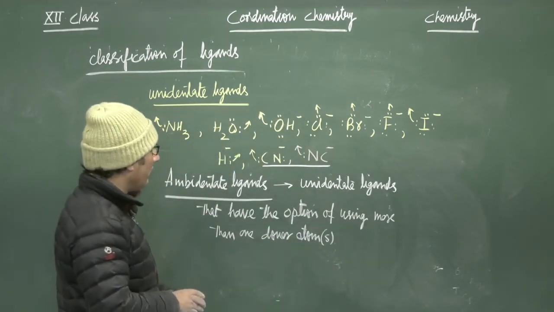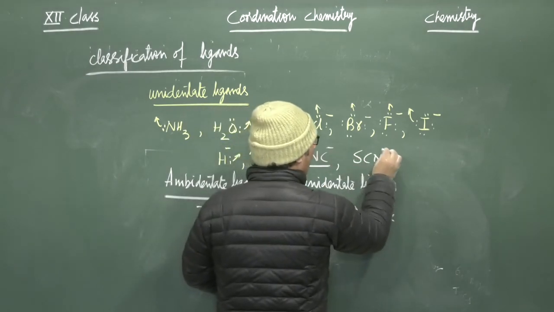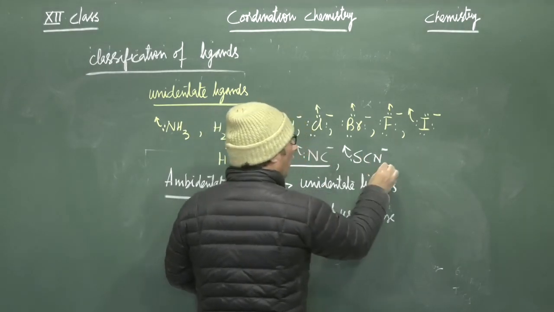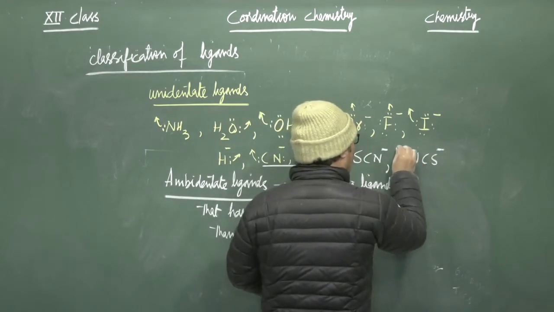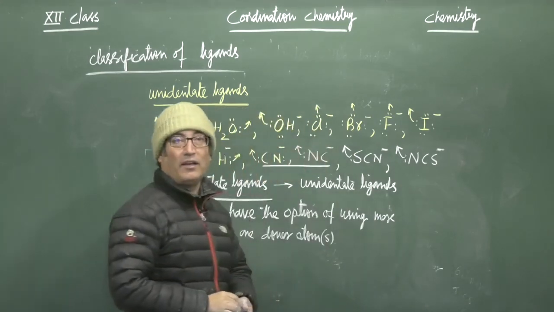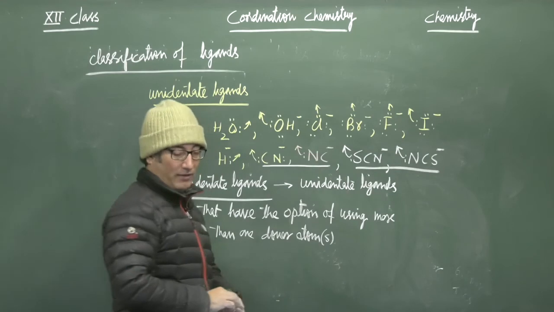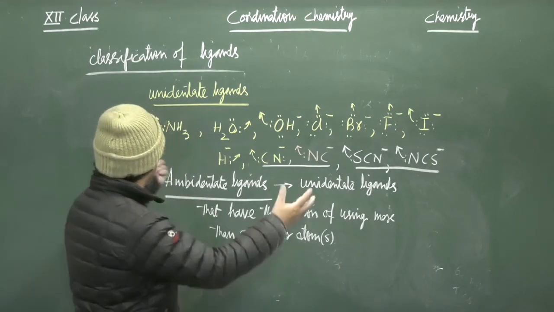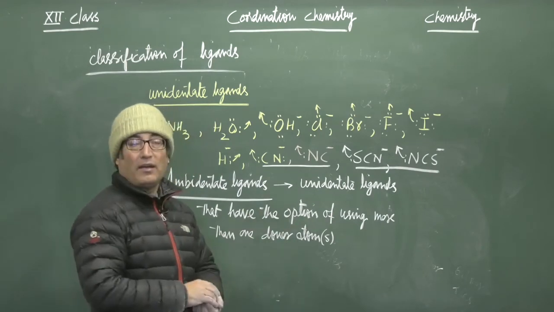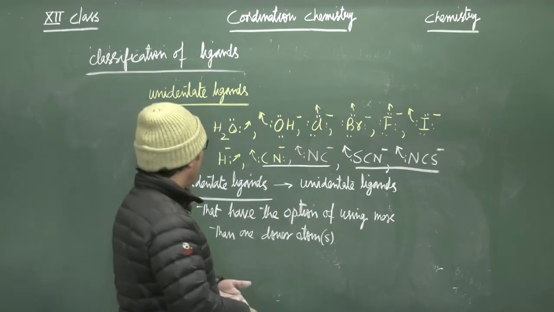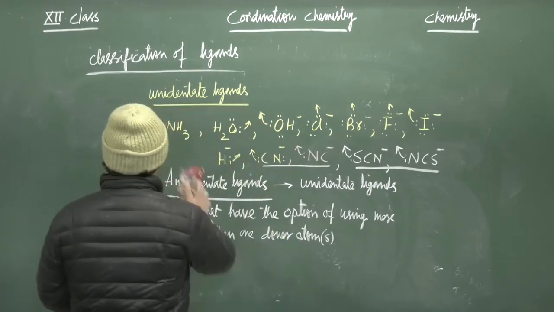Okay, so this is one of them. Similarly, you can have SCN thiocyanate, sulfur is the donor, or NCS isothiocyanate, nitrogen is the donor. So this is again a pair of ambidentate ligands. So these are some examples of unidentate, and that small group of unidentate ligands which are called ambidentate ligands.